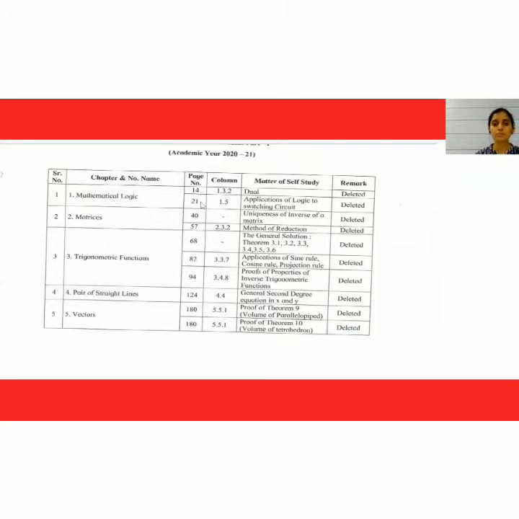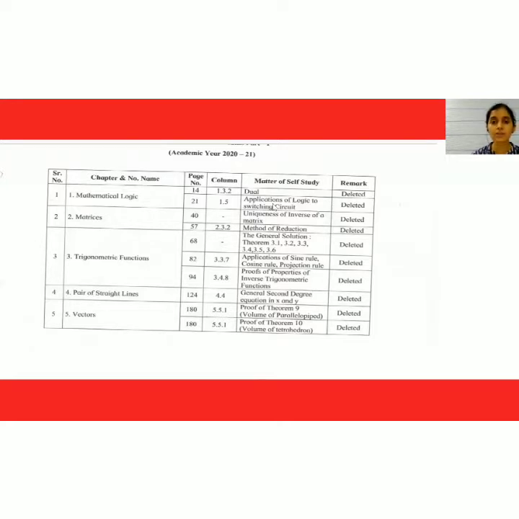Page numbers are mentioned, 14 and 21. What are the topics that are not included? The first one is 1.3.2 dual. There was a very small concept of what we understand by duals, and that is excluded. Only questions based on dual will become non-evaluative. Anything before that and after that is included in your syllabus and you have to study it.